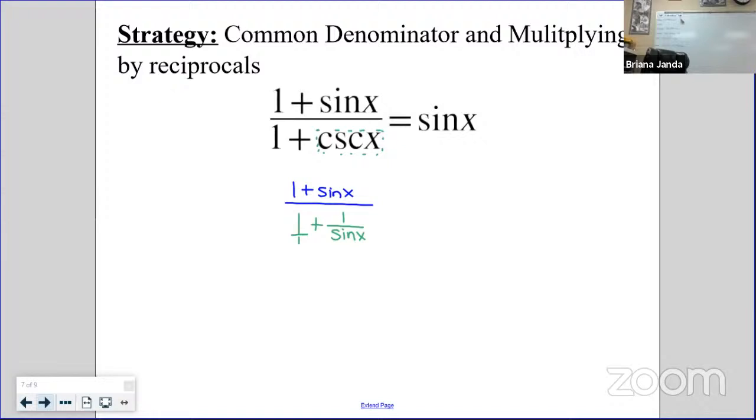So now I'm going to think about getting a common denominator to put those together. My common denominator is going to be sine of x, so I'd multiply here by sine of x. That's just going to be sine over sine, which is 1. I'm going to try to color coordinate this one so you can follow where everything ends up.